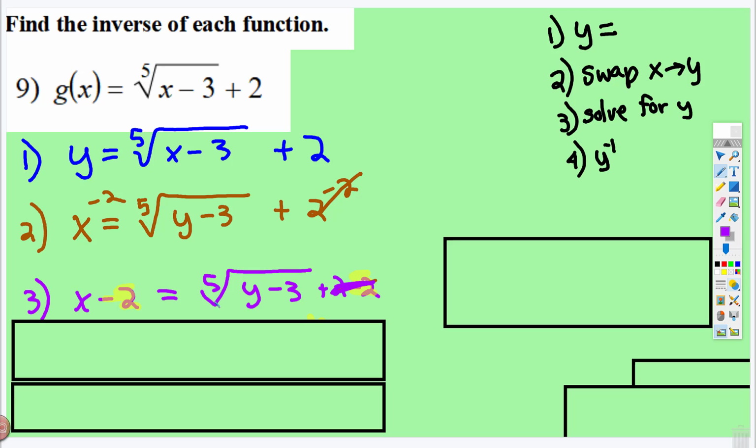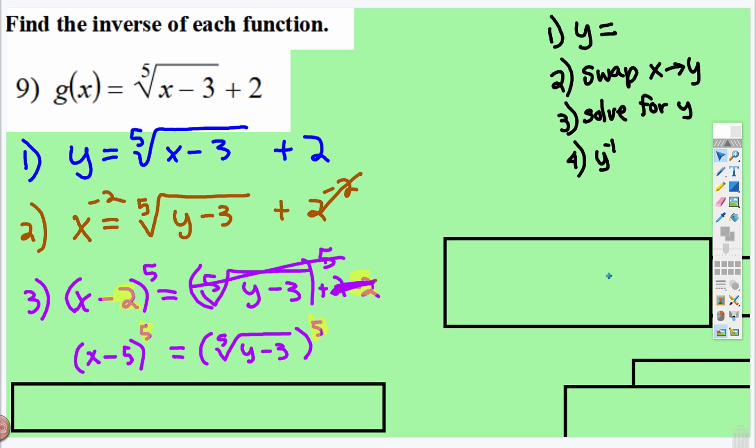Well, what is the undoing of a fifth root? Taking something to the fifth power. Remember, the entire parentheses gets the fifth power. The fifth power of something to the fifth root will cancel. And now you're left with y minus 3. So now you're just going to add 3 to both sides.